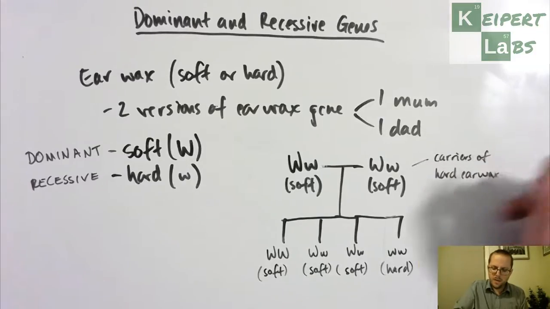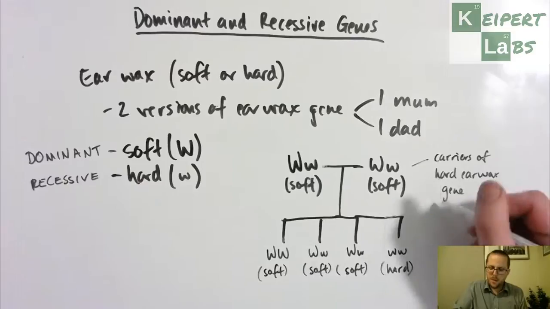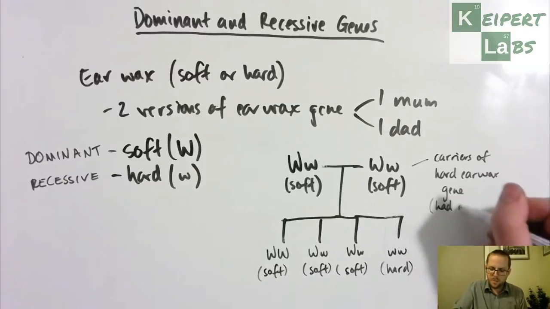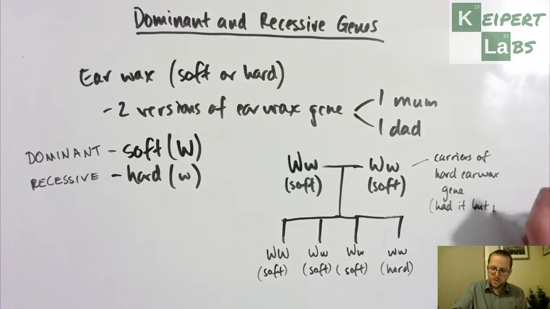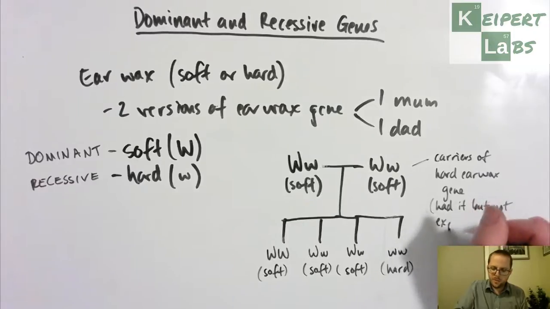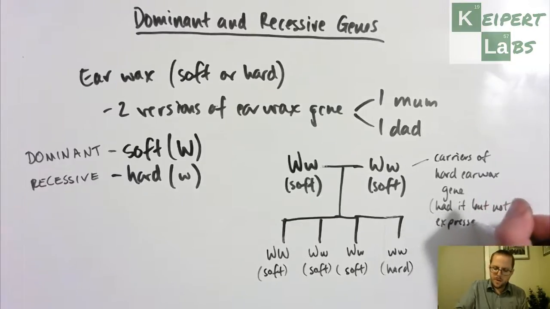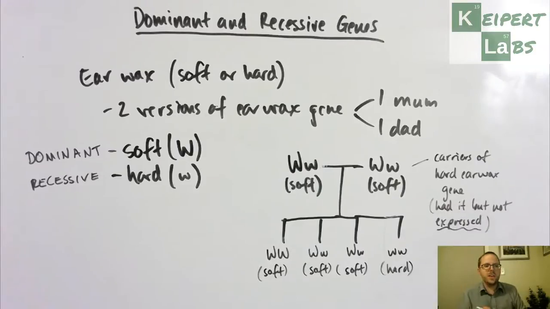You had it, but it didn't show up. We would say it was not expressed. We use that kind of terminology in terms of it not giving rise to the feature that gene would make.